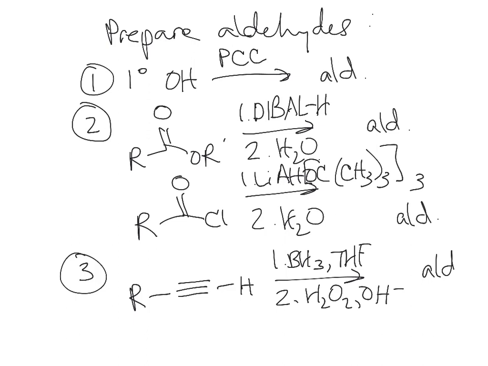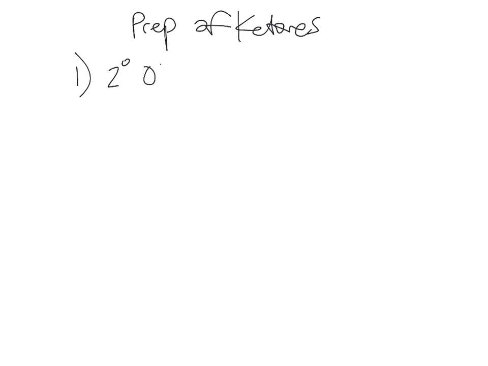Those are our ways of making aldehydes. Let's talk about making ketones. We can get those by oxidizing secondary alcohols.